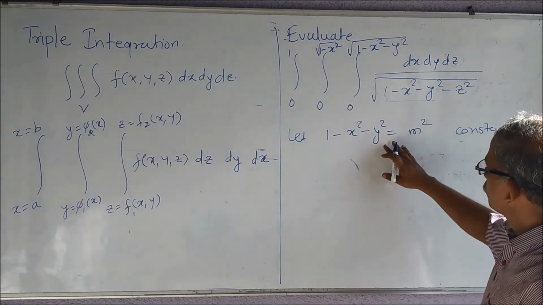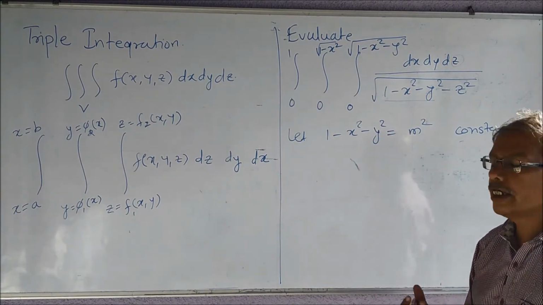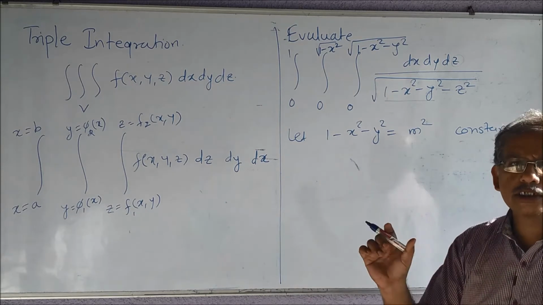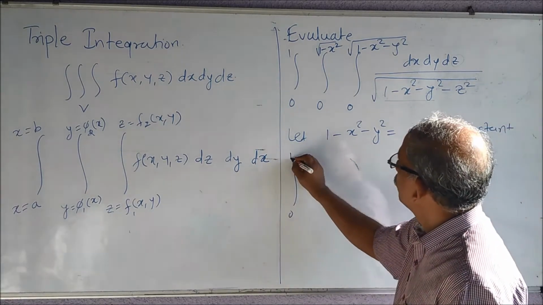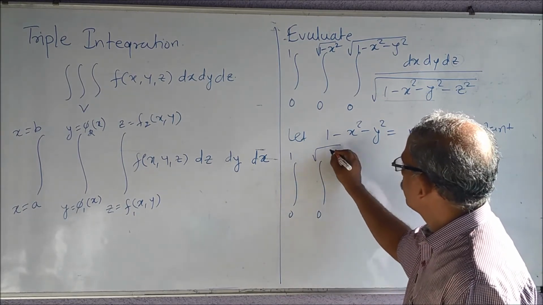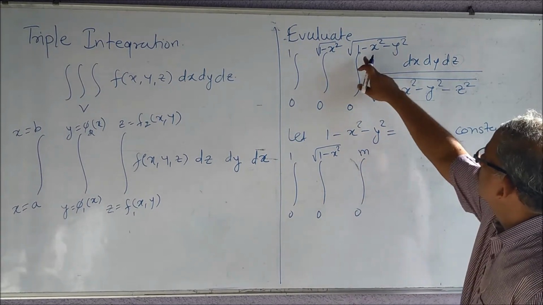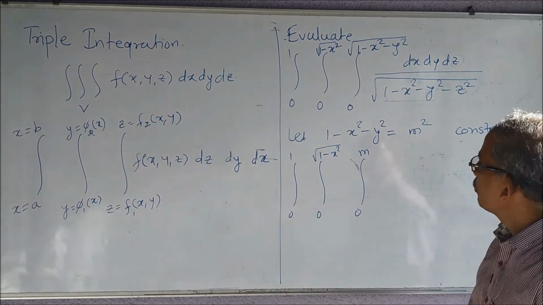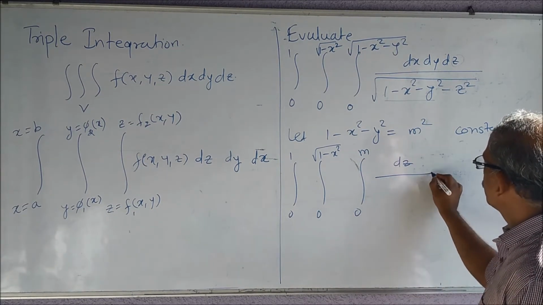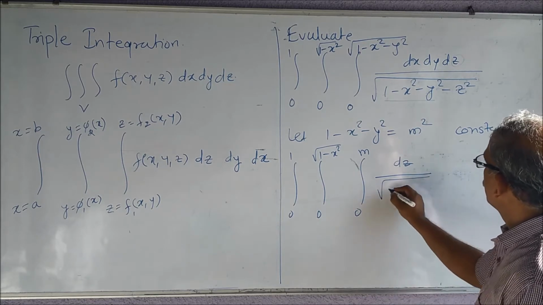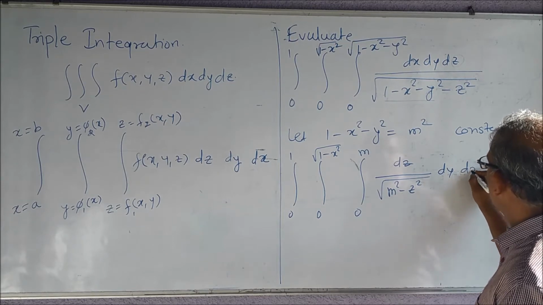I'm not replacing any variable, so there is no change in dz or dx dy. I'm just making the constant a single term, m square. So my integration will be 0 to 1, 0 to under root 1 minus x square, 0 to m. Since this is m square, under root of m square will be m. I'll write dz first here, upon under root of m square minus z square, and then dy and then dx.